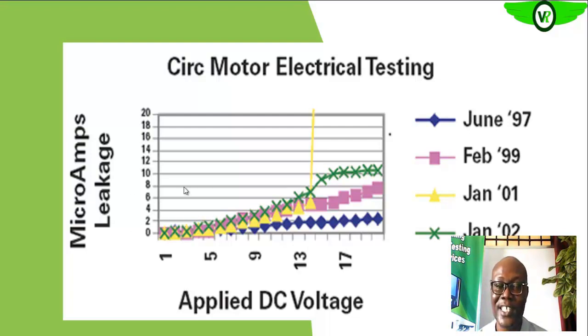So you see that the leakage current over time is increasing, probably because of age. You see here, on the 1st of January, it actually overshot. So you see the trend, until it overshot.